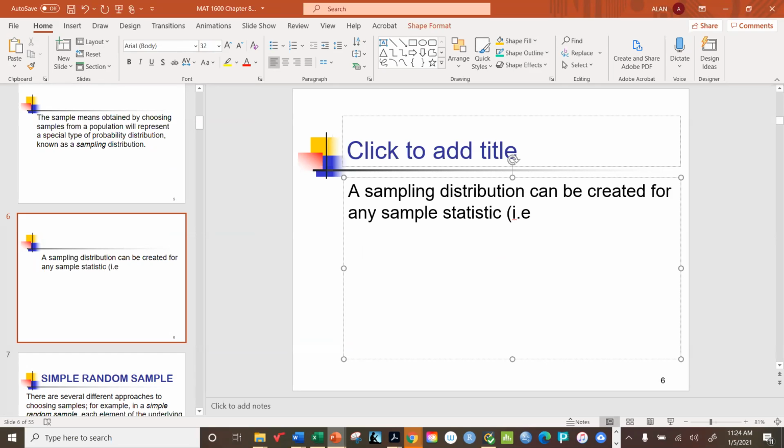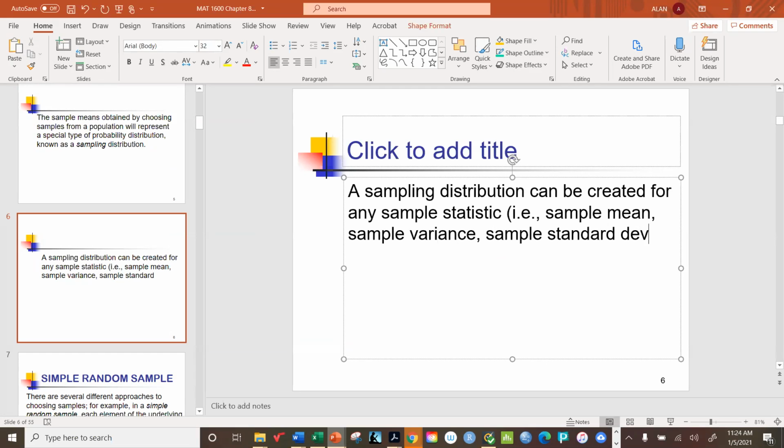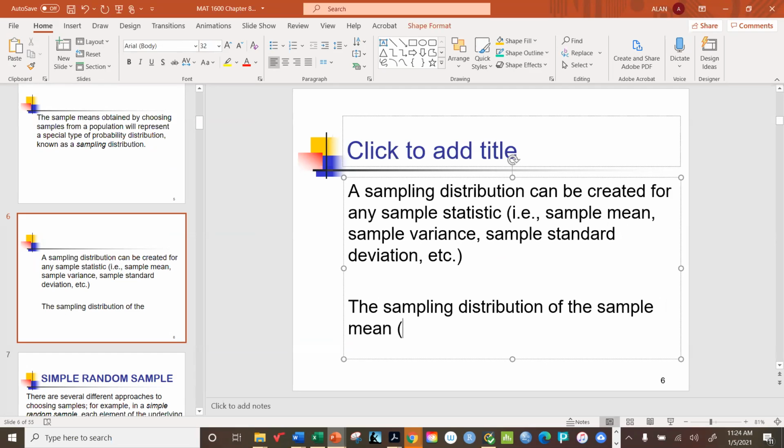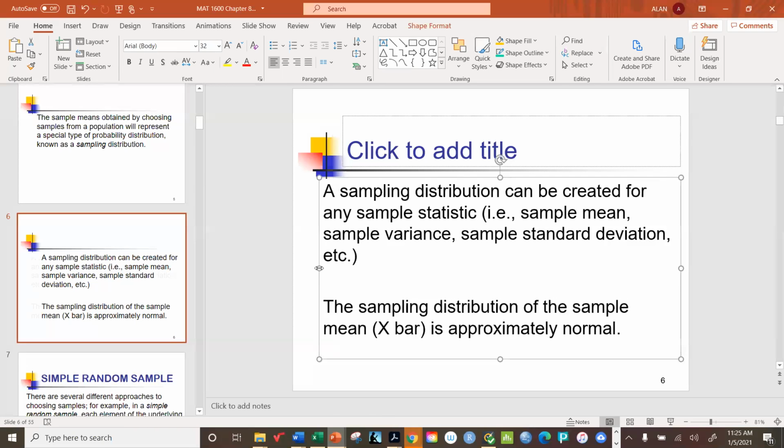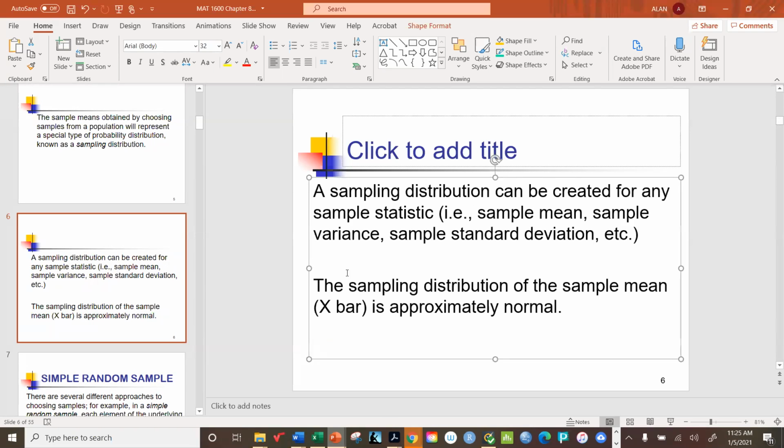In other words, sample mean, sample variance, sample standard deviation, etc. We'll actually see some of these later on, but the sampling distribution of the sample mean, or X bar, is approximately normal. Now that's the tie-in right there. This distribution that we're creating by calculating sample means is approximately normal.